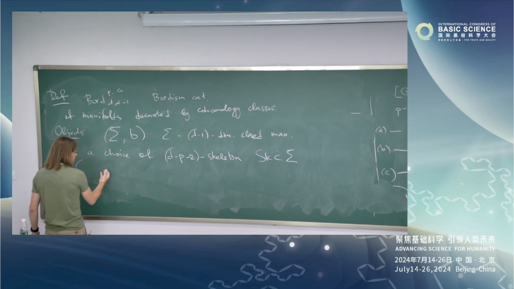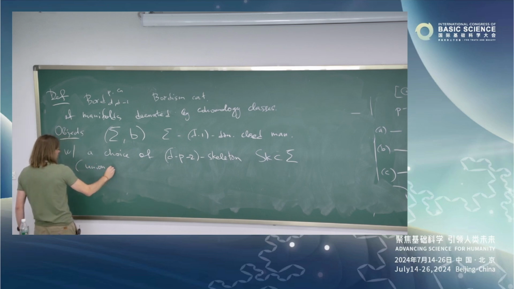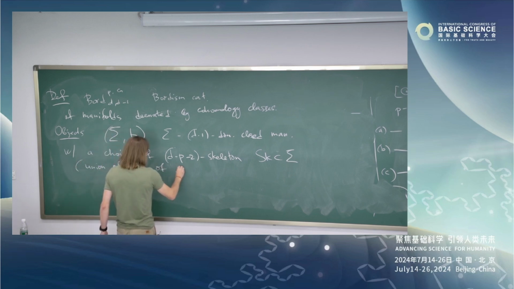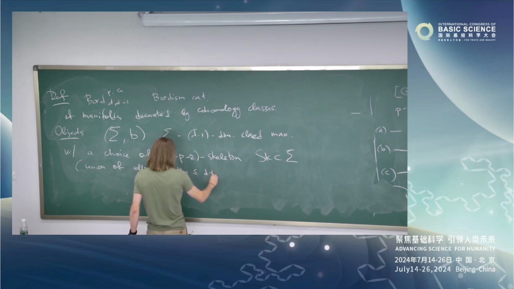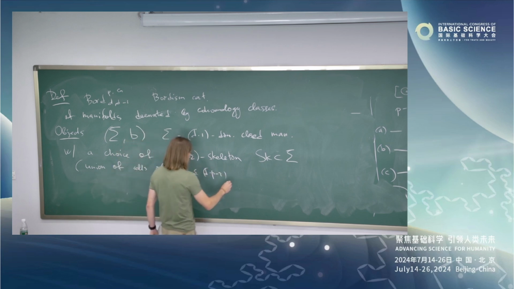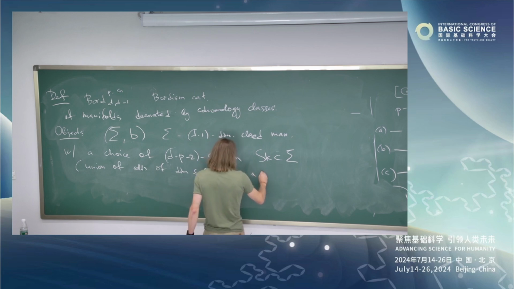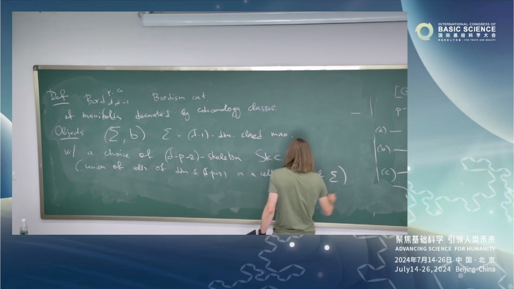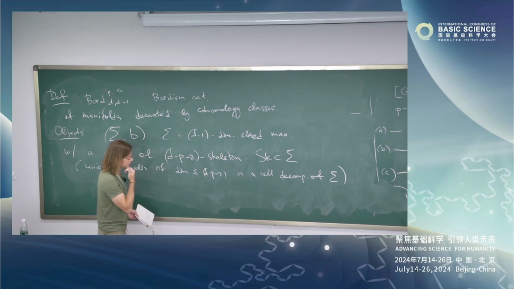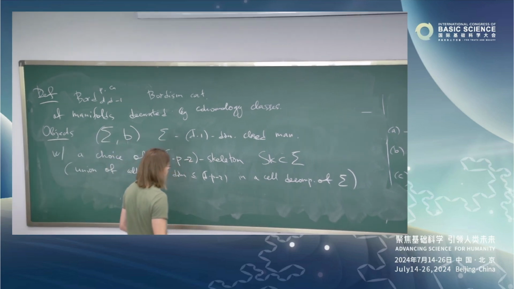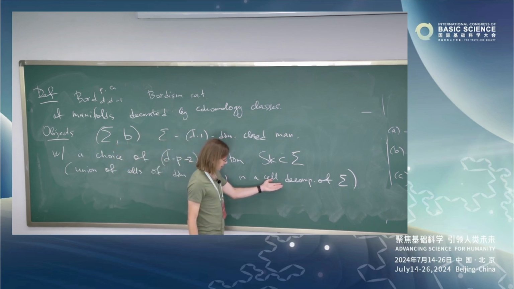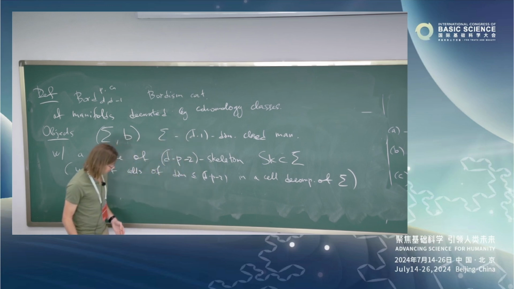I remind you that the skeleton is basically a union of cells in our cell decomposition. The cell decomposition can be some sort of triangulation or CW complex structure. It's important that we don't need to know all the cell decomposition information of sigma. We only need to know this part up to this dimension.